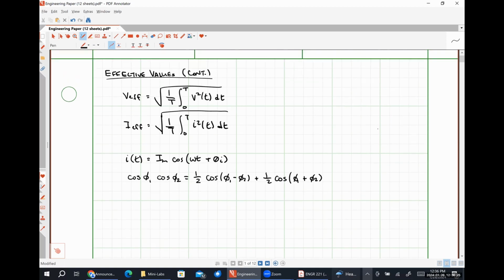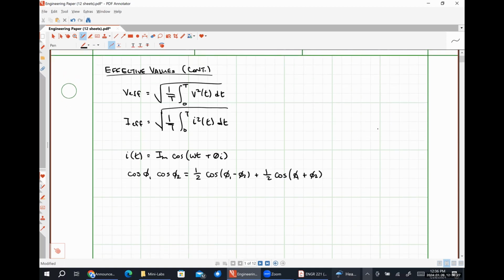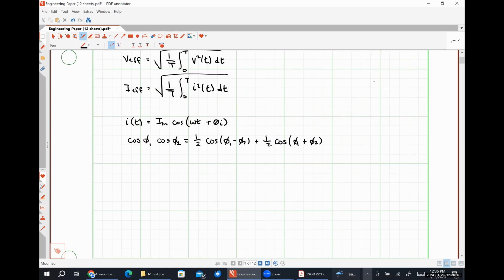Another quick thing that we need to pay attention to is we're going to have to figure out what the period of our sinusoidal function is so that we can put that into the limits of our integration as well as multiply by 1 over the period. So let's say that we had a simple sinusoidal signal. So this is our current i of t, and this is t.